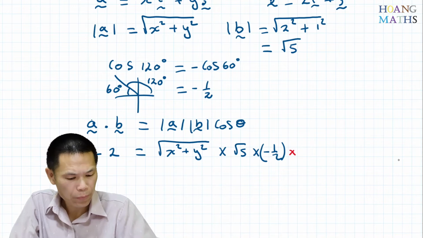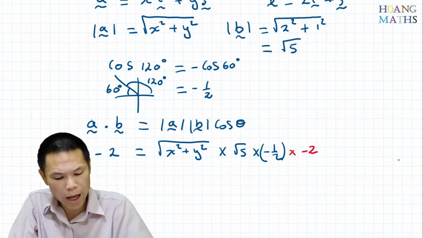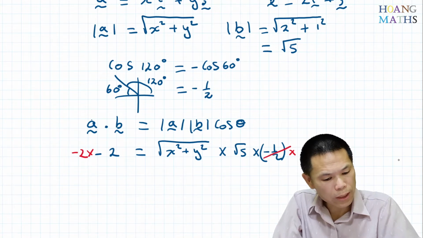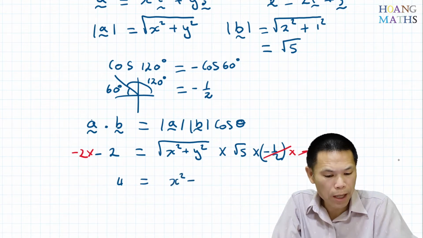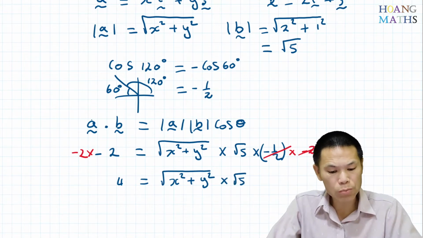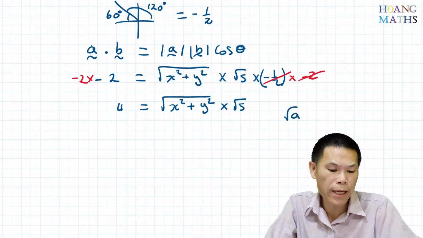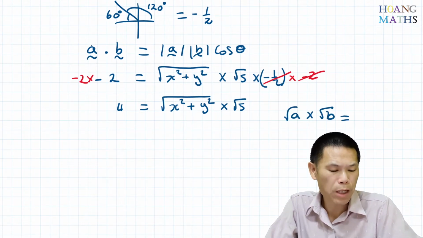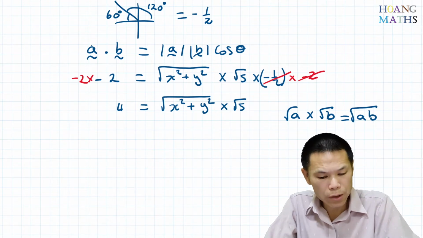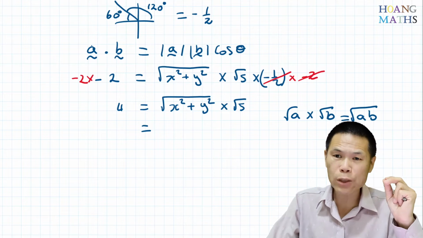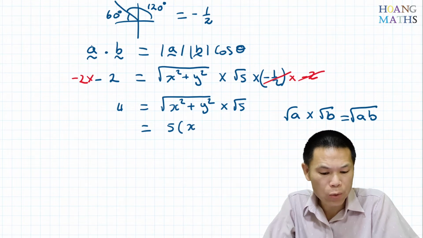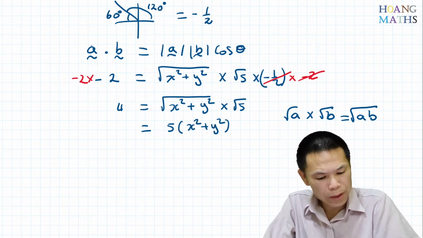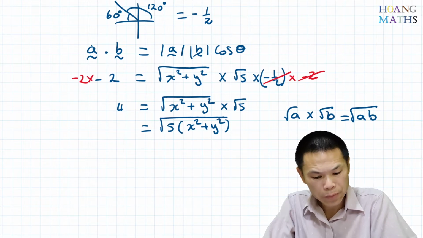So multiplying by negative 2 cancels it out, and that gives me 4 is equal to the square root of x squared plus y squared times the square root of 5. Now remember, the square root of a times the square root of b will give me the square root of ab. So the square root of x squared plus y squared times the square root of 5 is exactly the same as the square root of 5 times x squared plus y squared, which will give me 4.